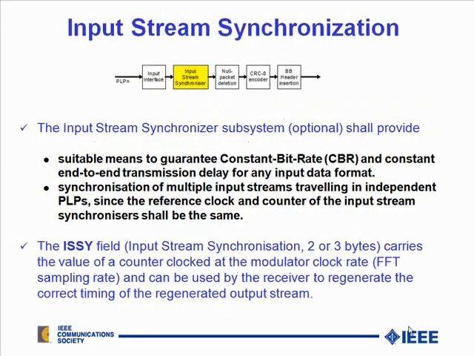The second block of the mode adaptation is the input stream synchronization. As we have seen, we may have different PLPs, but these PLPs might need to be somehow synchronized. It means that the receiver must be able to put on the same time scale different PLPs that may experience different delays in practice due to the way they are transmitted.